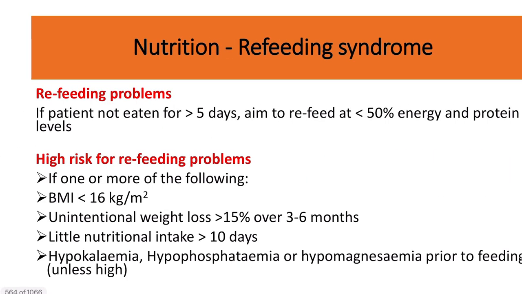Refeeding syndrome can occur if the patient has not eaten for more than 5 days. So when not fed for more than 5 days, he or she is at risk of development of refeeding syndrome. For this condition, less than 50% energy and protein is usually given as refeeding to prevent refeeding syndrome.